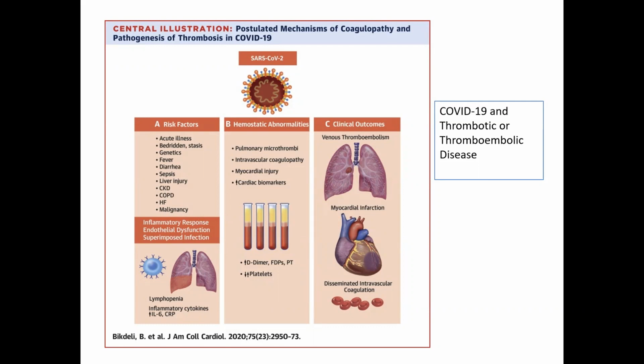Still, patients have hypoxia. So we tried to understand the cause of hypoxia, and it was seen that it is because of ventilation perfusion mismatch. Despite adequate ventilation, because of microthrombi present in the lungs, the perfusion was not adequate, leading to poor oxygenation.